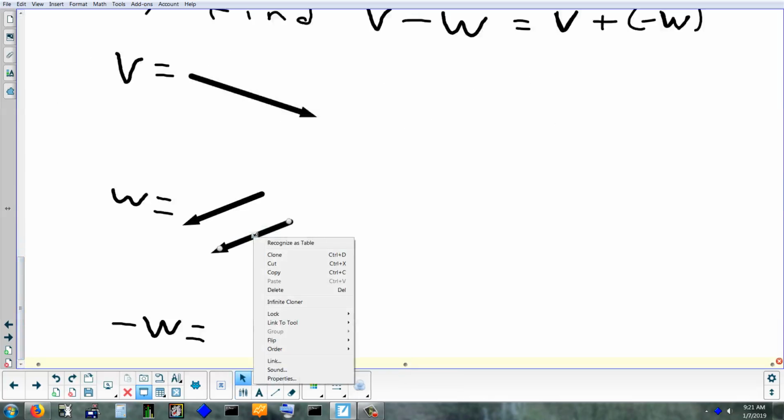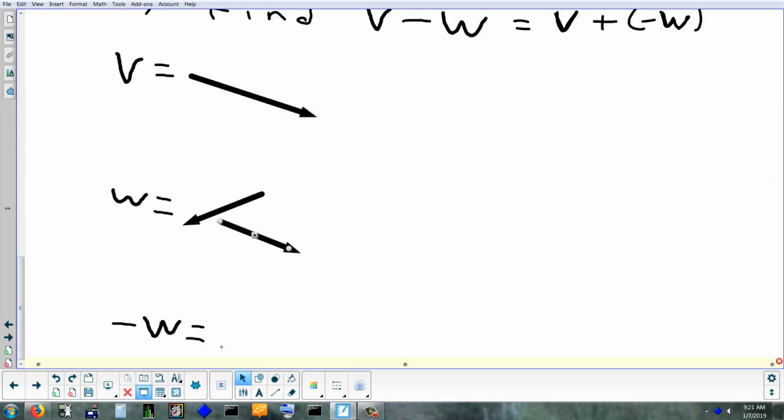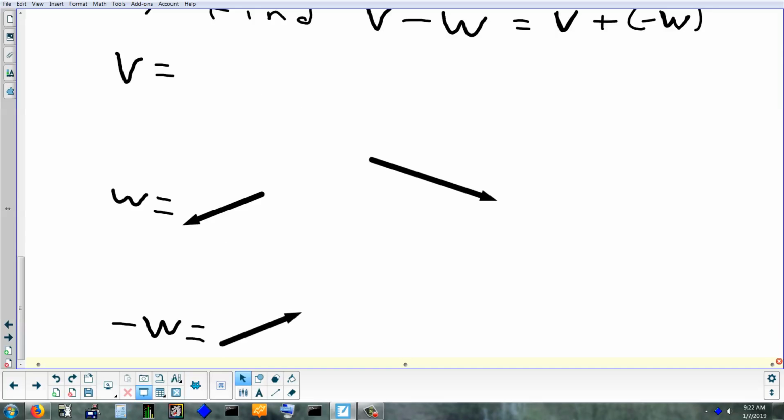So if I flip it horizontally and vertically, it's basically like rotating at 180. I just don't have a way to rotate 180 perfectly, but I can do that. So there's negative w. So now take v plus negative w and now connect them, and that's the answer for v minus w.